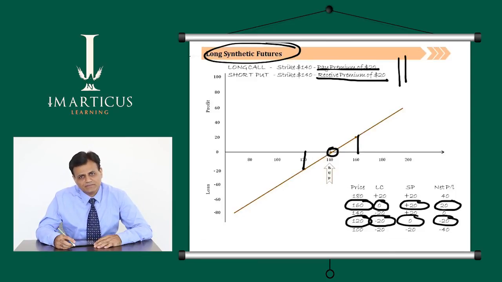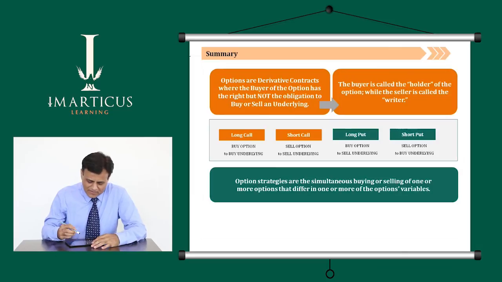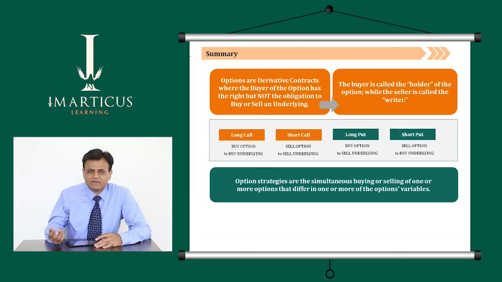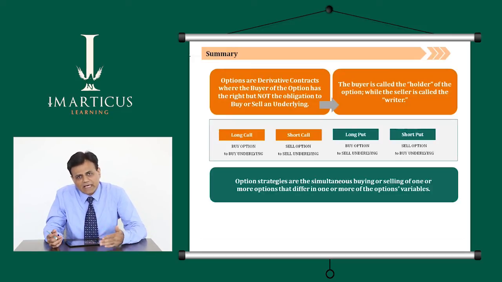Having understood these two strategies, let's just summarize our learnings for the day. Options are derivative contracts that the buyer enters into to secure a right to either buy or sell an underlying.